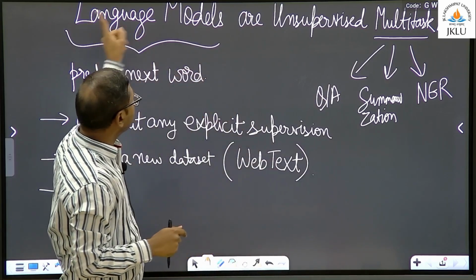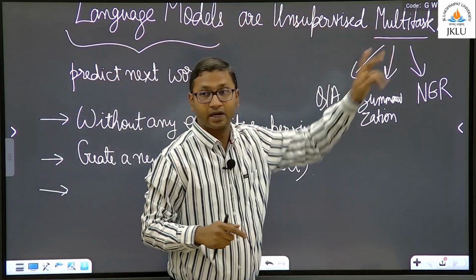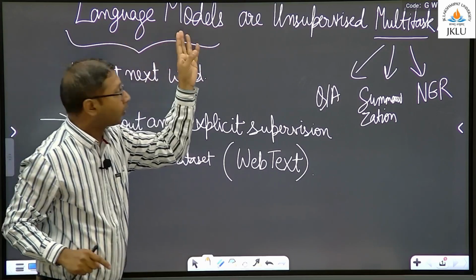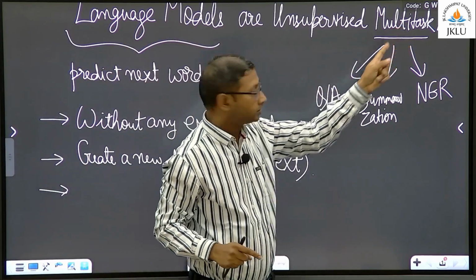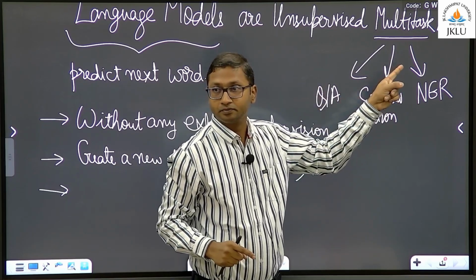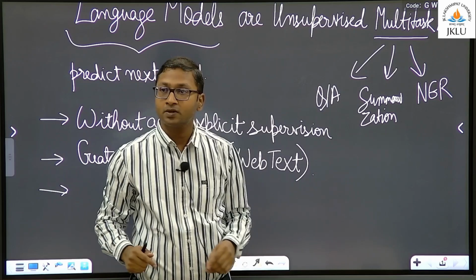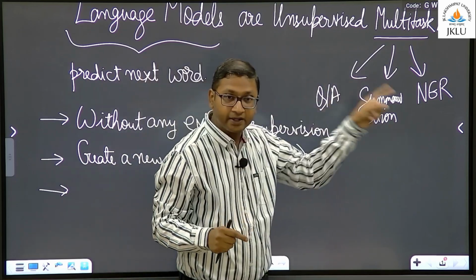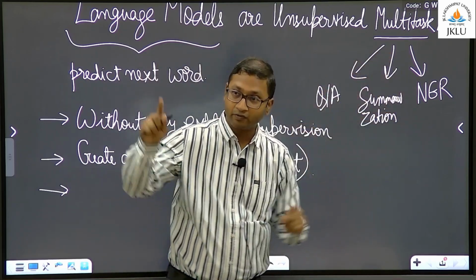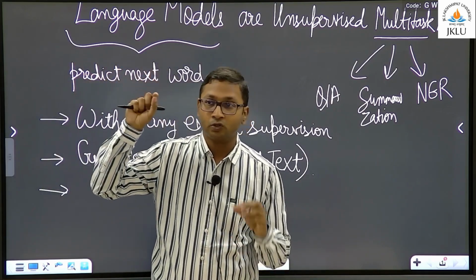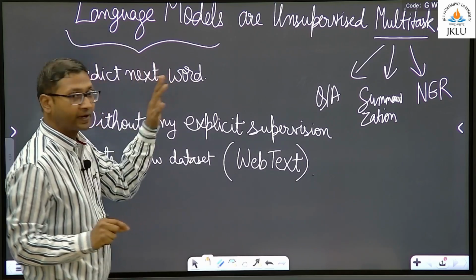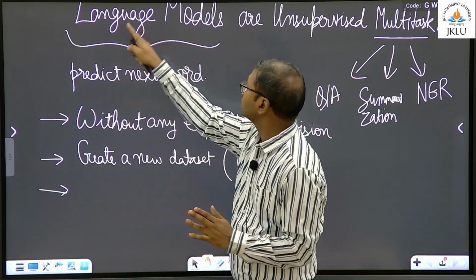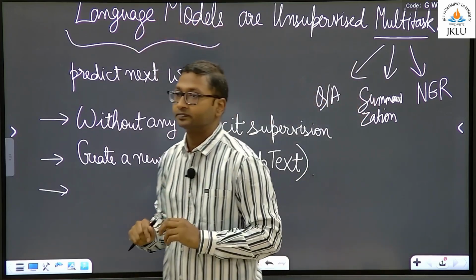So, the title says language models are unsupervised multitask learners. That means you just do language modeling and your model will automatically be able to learn to do these tasks. And unsupervised because they do not explicitly train or fine tune on any of these data sets like we did in GPT-1. So, you may write this down, no explicit fine tuning is going on here, just one training, which is you train for language modeling, and that is it.